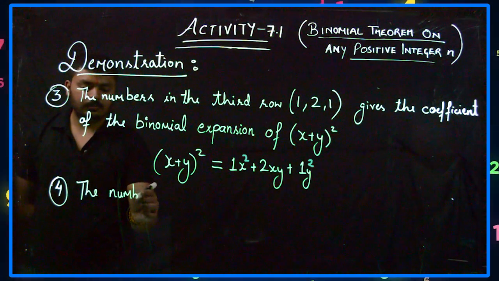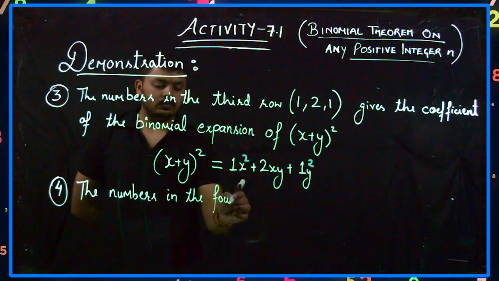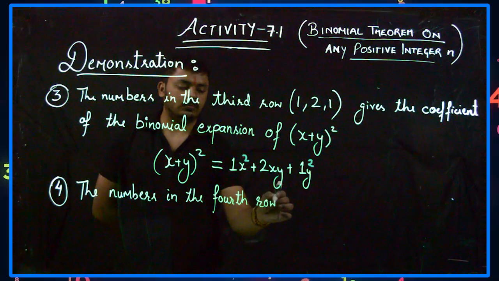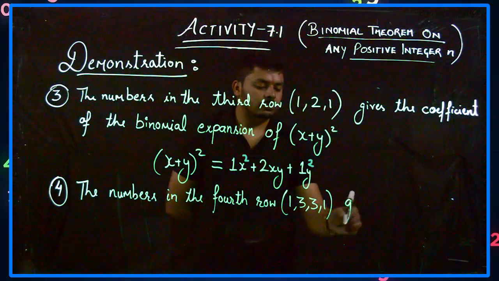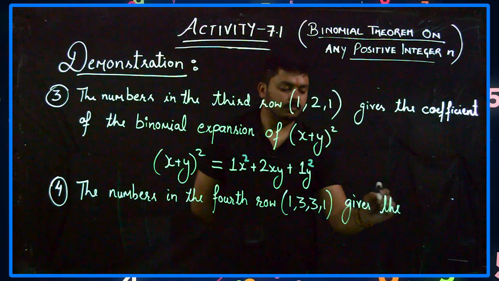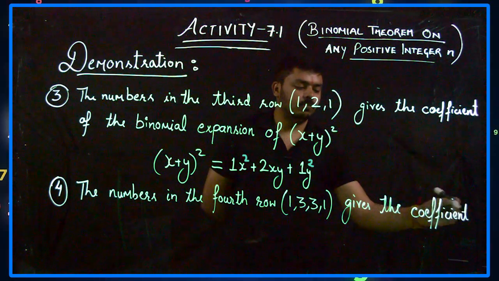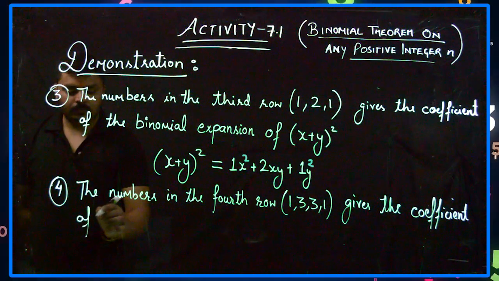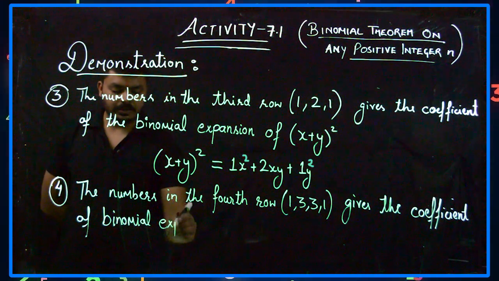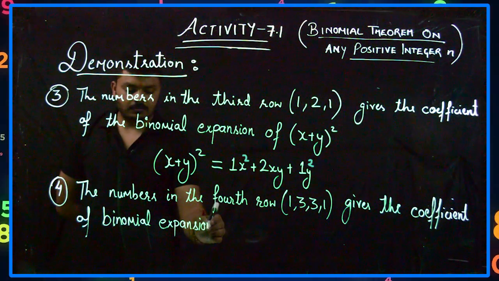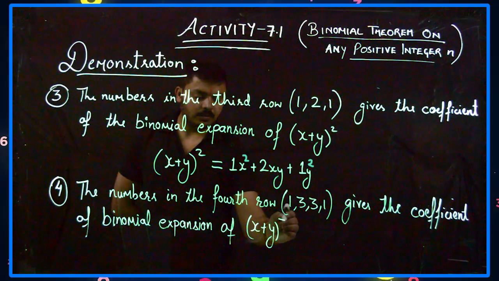Fourth, the numbers in the fourth row, 1, 3, 3, 1, give the coefficients of binomial expansion of x plus y to the power 3.